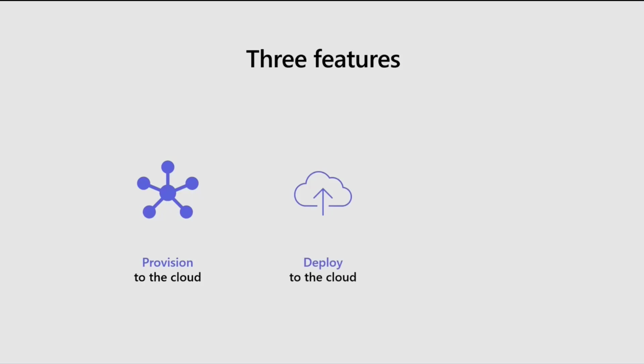This is the feature that's going to build and then move the code to your infrastructure. And finally, publishing to your organization as well. And this is where you're going to upload the Teams app and distribute that within your Microsoft 365 tenant so that other users can then install that app.